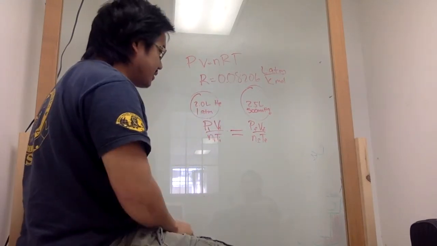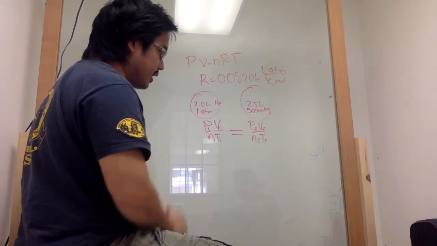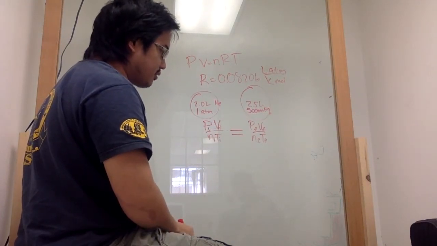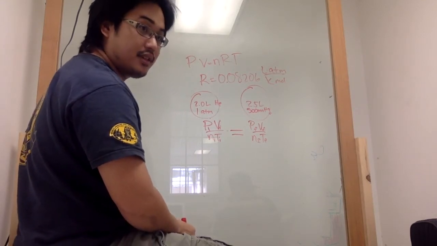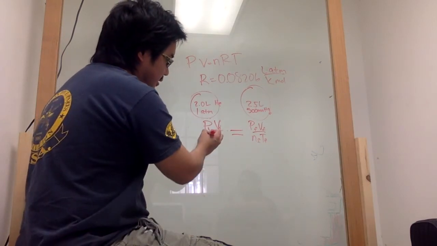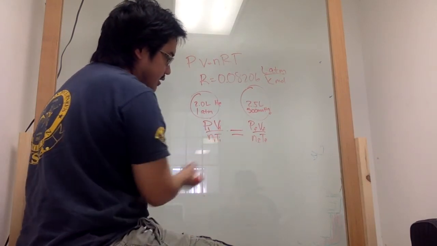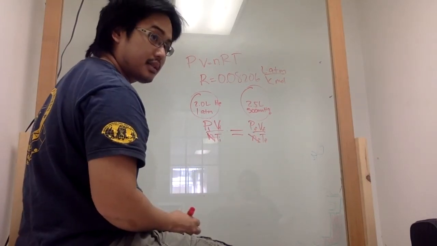But what they're telling us is, assume that the temperature didn't change. And also assume that the number of moles didn't change. Physically, that means assume that gas didn't leak in or leak out. So if n initial is equal to n final, I can just cancel those out. Does that make sense to you?